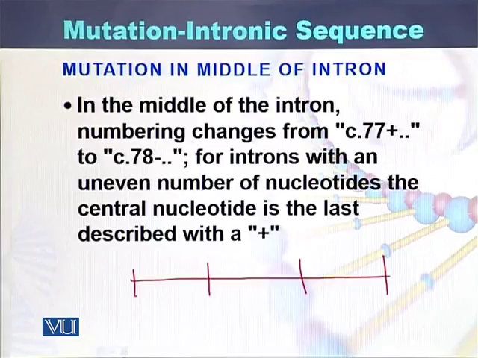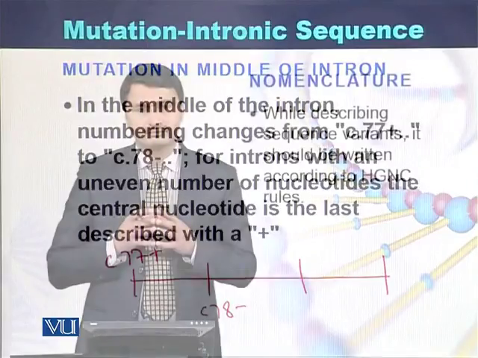It can be mentioned as c.78 with minus, while from the other side it can be mentioned as c.77 plus. So if a mutation is present in the middle of the intron, it can be written from both ends, because sometimes there are uneven numbers present in the introns.